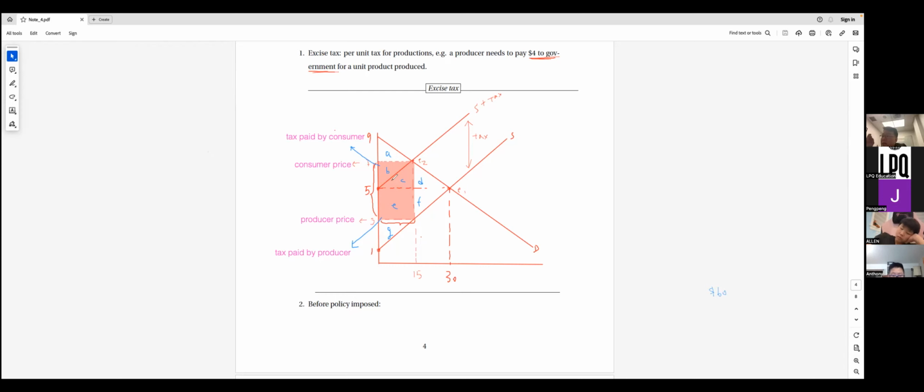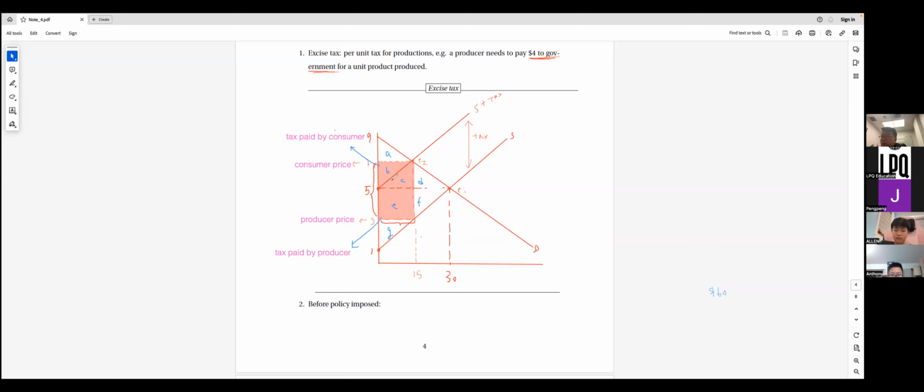So consumers paid 30, producers paid 30. Totally they paid $60 to government. So the one final conclusion we got from this graph is that they share the tax burden equally. Consumers paid half, exactly 50% of the total $60, so $30.